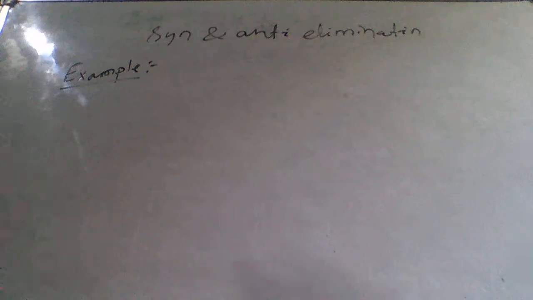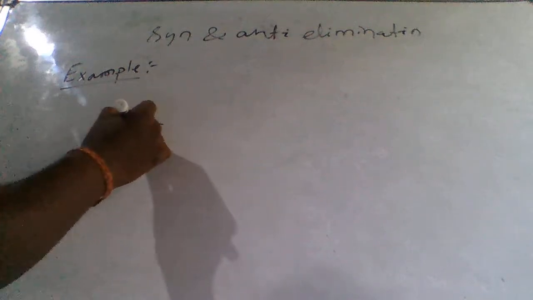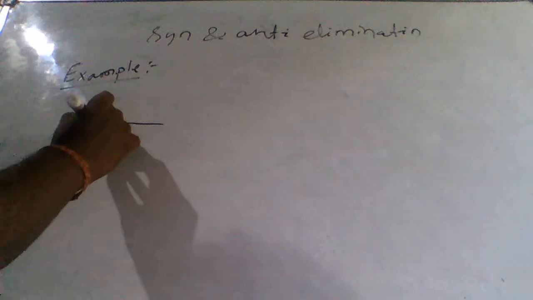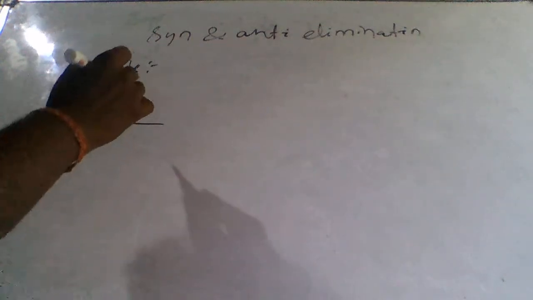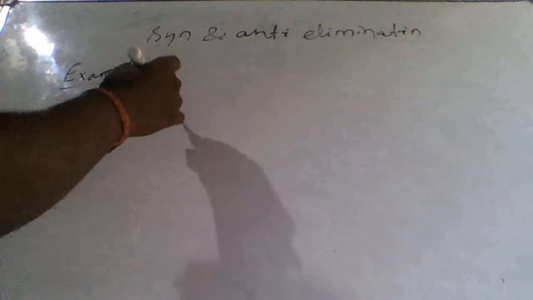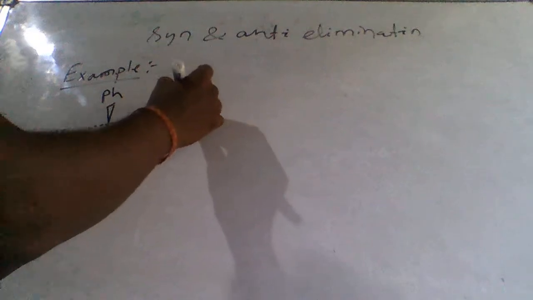Now we will see some examples of Syn and anti-elimination. Let's take an example here. The ammonium salt, methyl group, and this one is vinyl, and this is the leaving group.